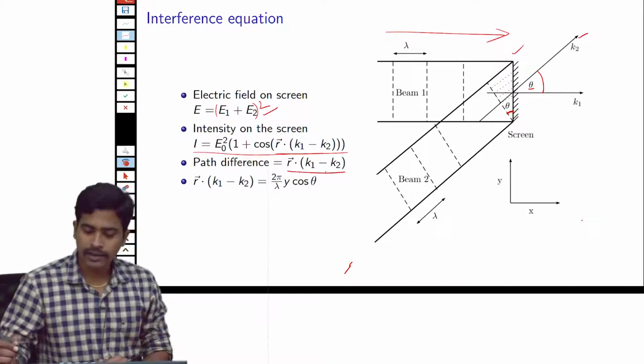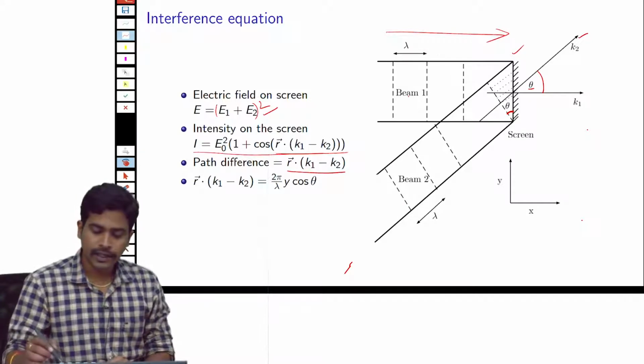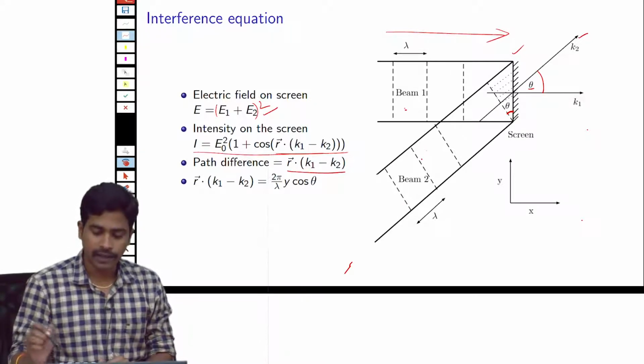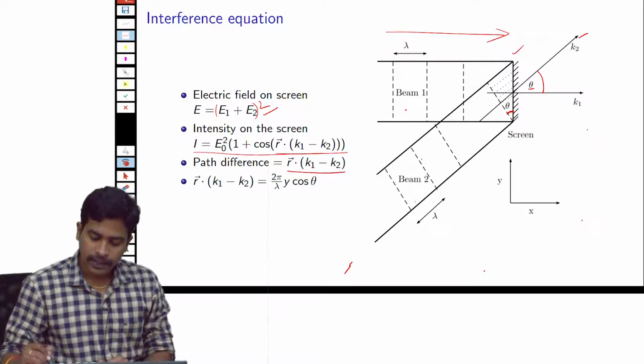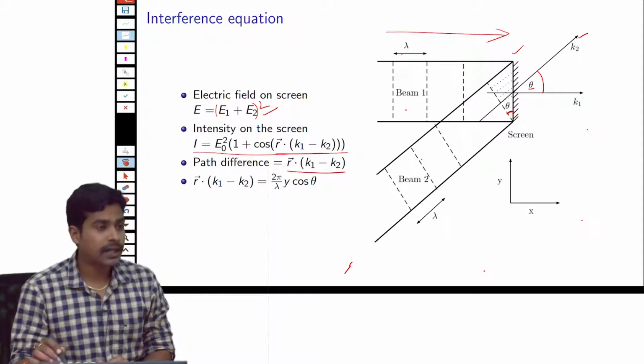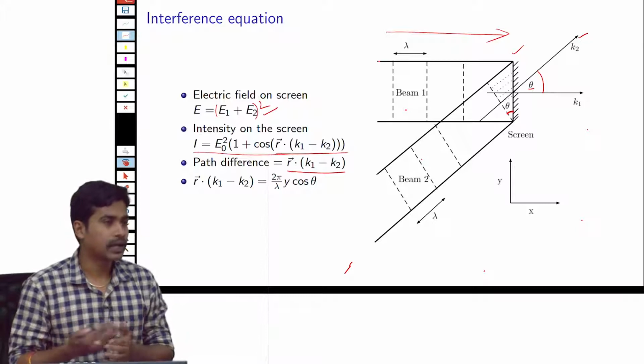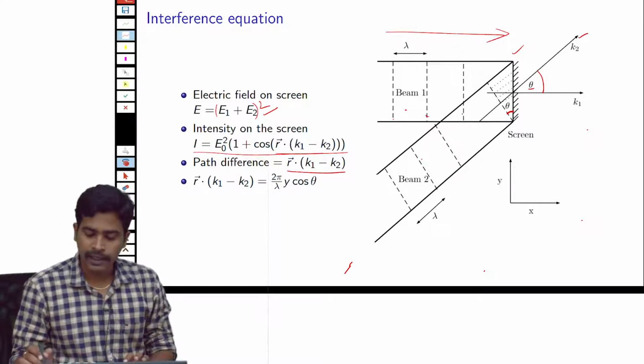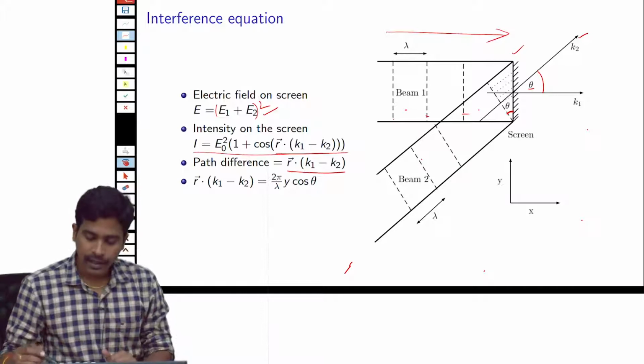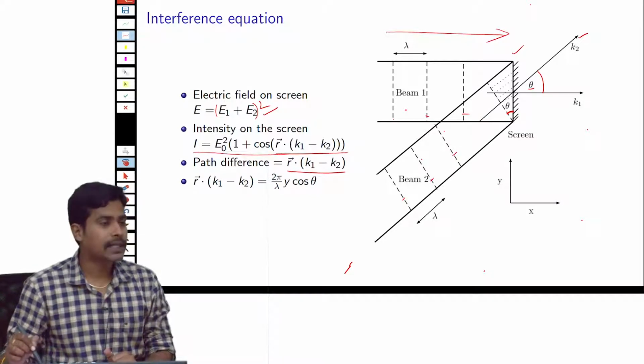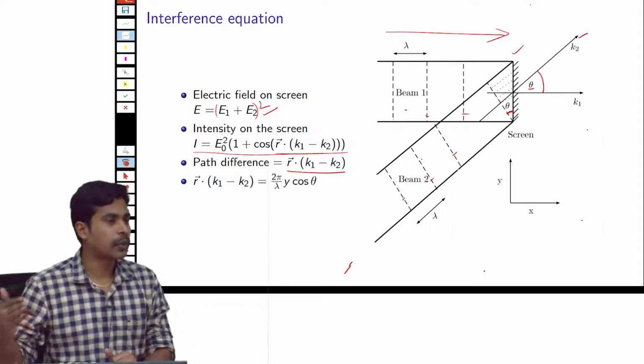So, let us understand what this path difference is. If you look at these two plane waves in this figure, the planes that are separated by lambda distance all have equal phase. So, this plane and this plane have equal phase, and similarly for the second plane wave, the planes that are marked in dashed lines all have a constant 2 pi phase shift.